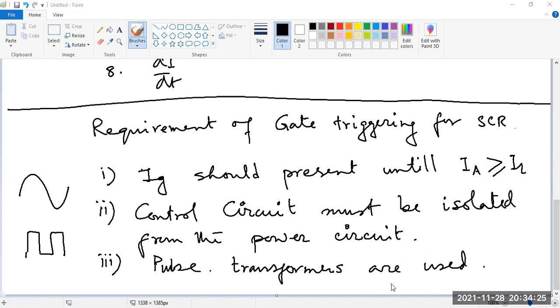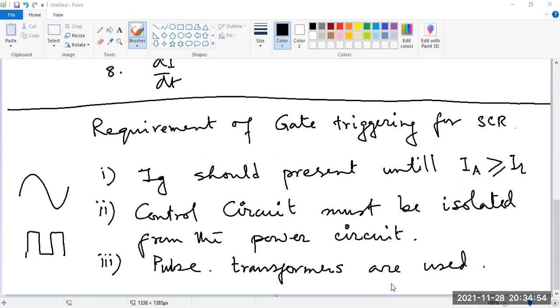The third point is, as I've already mentioned earlier, instead of using a single pulse, if we use a repeated pulse having high frequency, that is better as far as power consumption in the gate triggering circuit or control circuit is concerned.